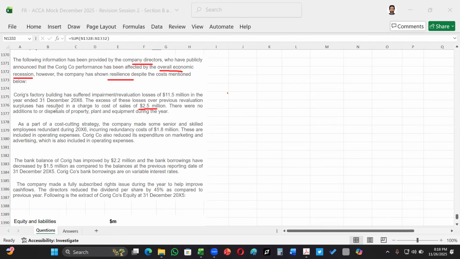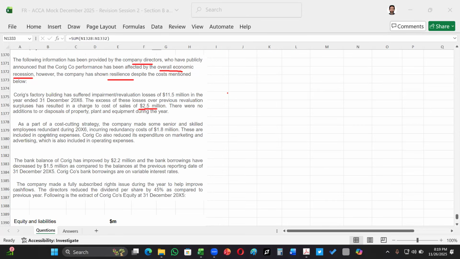Okay. Now, furthermore, as a part of a cost cutting strategy, the company made some senior and skilled employees redundant during 2026, incurring redundancy costs of 1.8 million. These are included in operating expenses.